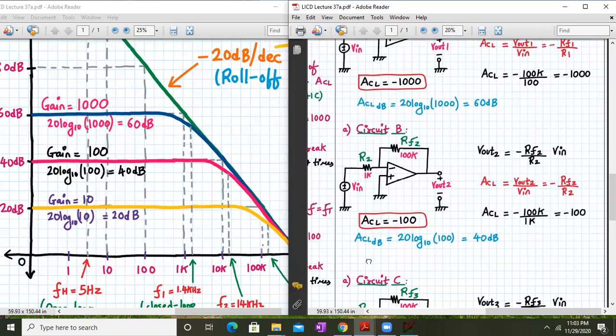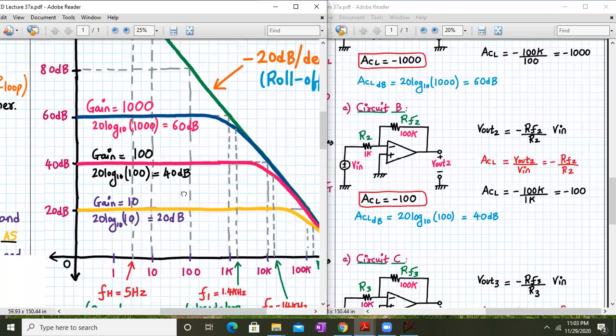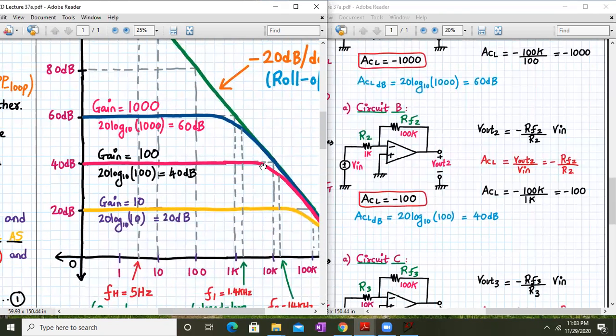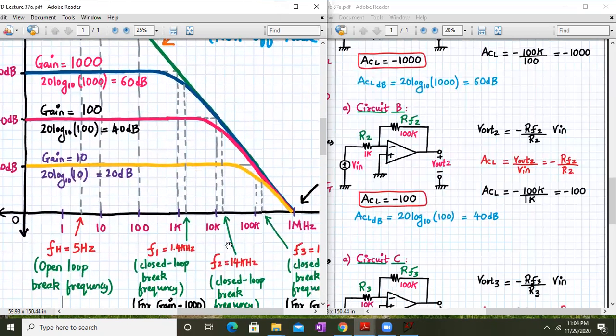In dB, we have 20 log to the base 10 of 100, which will be 40 dB. This 40 dB is marked here in pink color, and its cutoff frequency will be 14 kilohertz, and thereafter it will join the open loop frequency response curve.